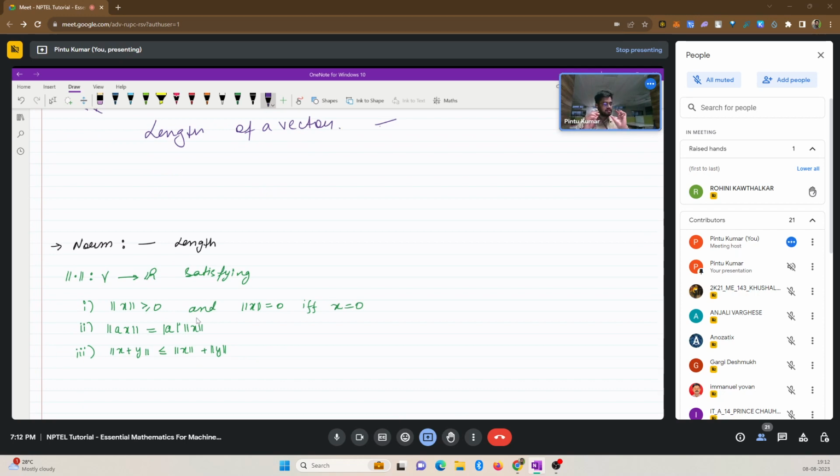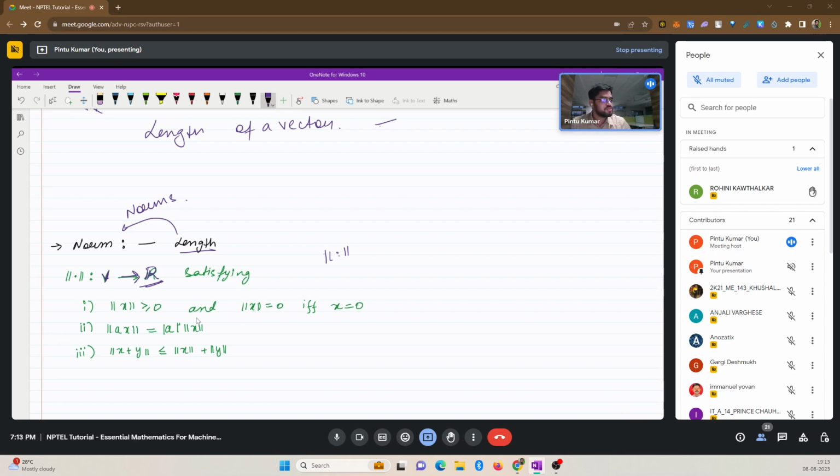The same way the generalization of distance was called a metric, the generalization of length is called a norm. So what is a norm? A norm is a function that takes a vector from your vector space and gives its length in R. This must also satisfy some properties.